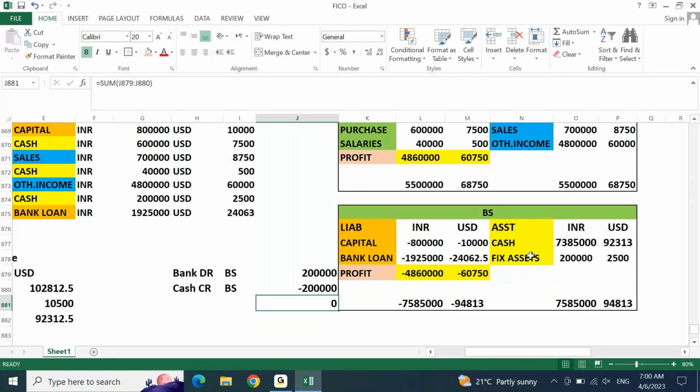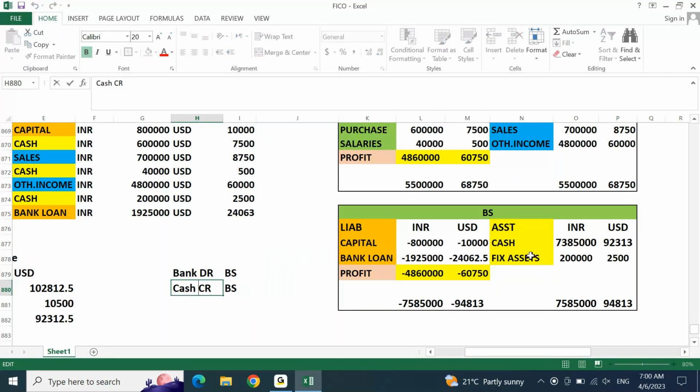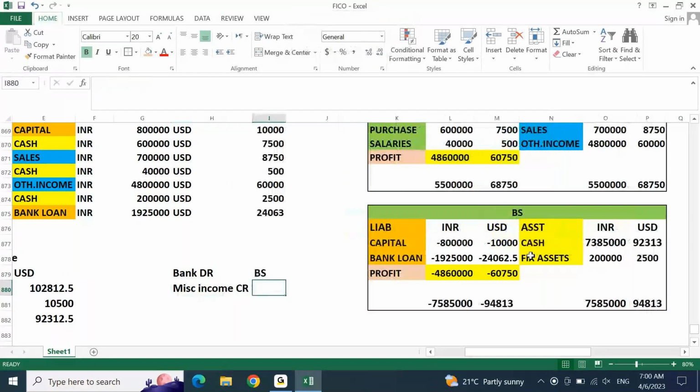In case you have a transaction, bank debit or miscellaneous income credit, what will happen to this? This is a P&L account, correct? Yes, sir.